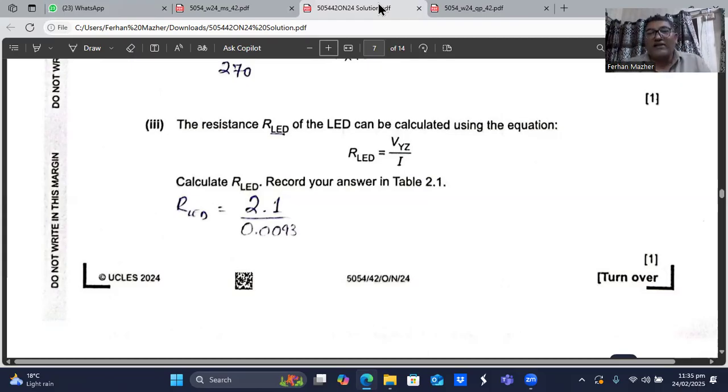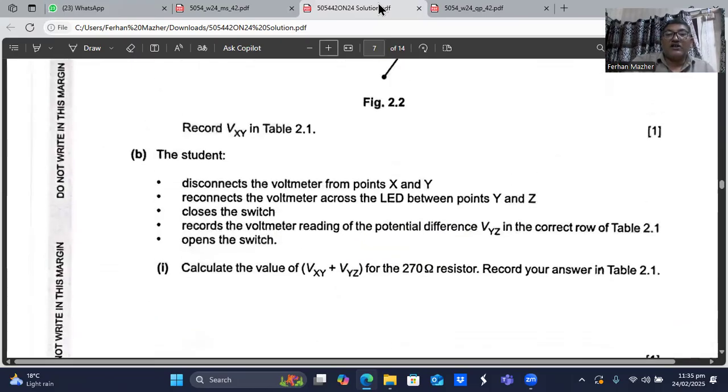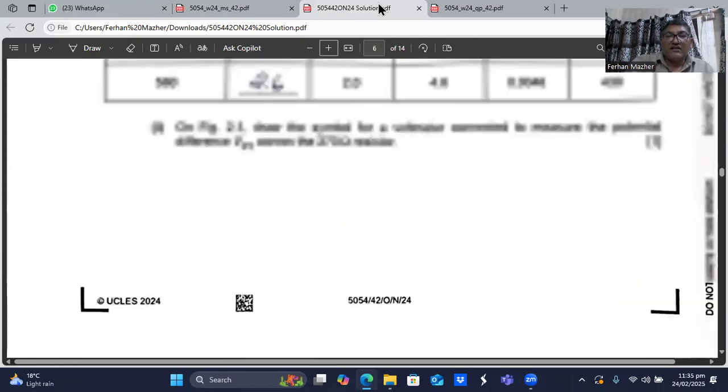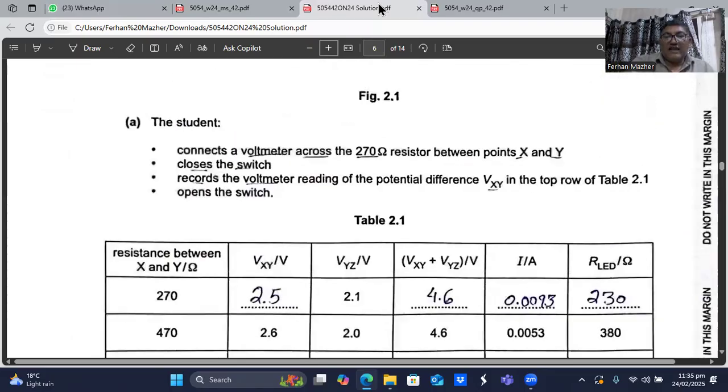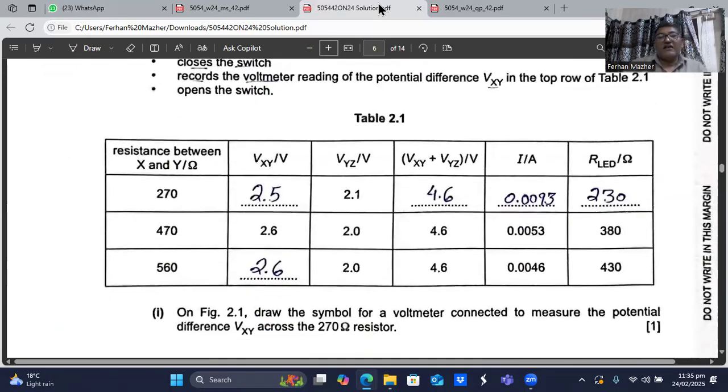So 2.1 divided by 0.0093 ampere. You simply divide them and you will get the answer. And we have noted down that answer here. So the answer will be 230 ohm. LED resistance will be 230 ohm.